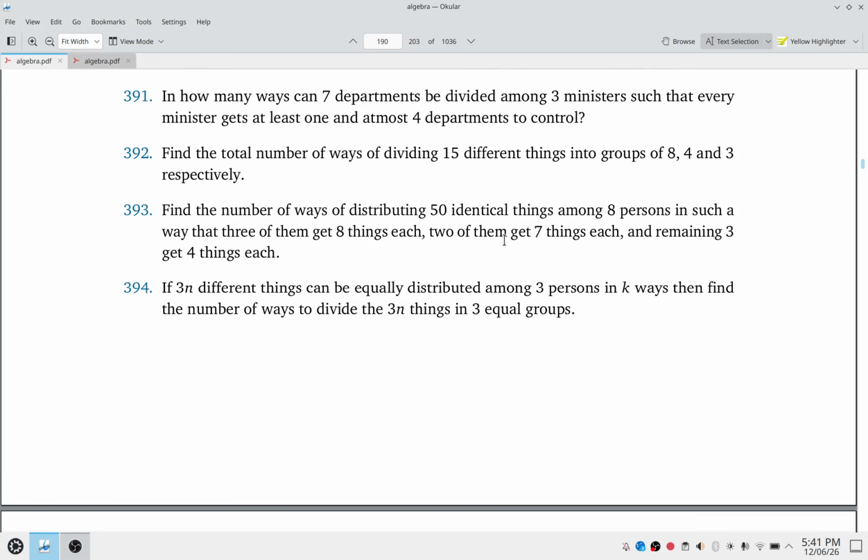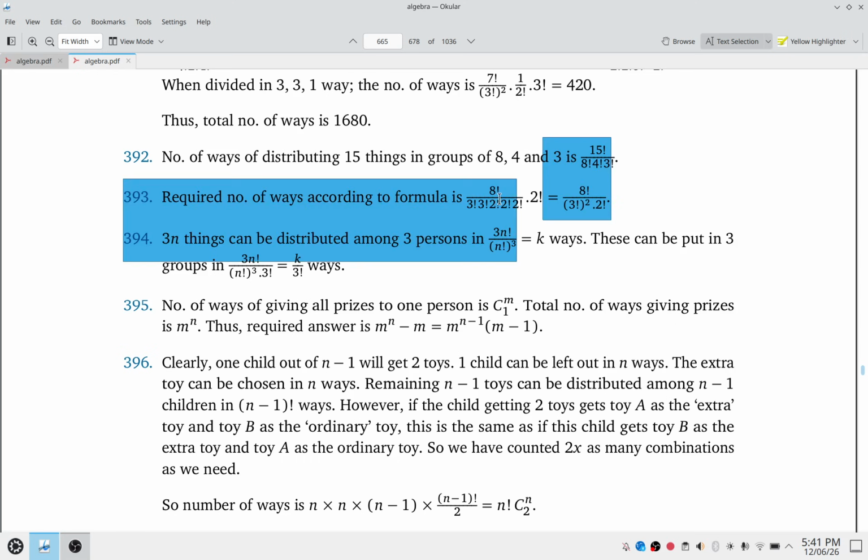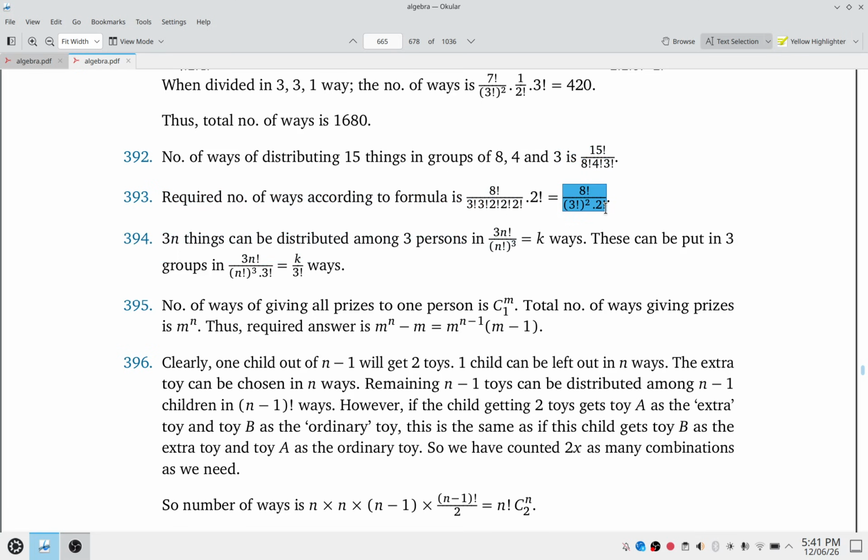3, 3 and 2. Okay. 3, 3 and 2, that is the distribution. Okay, so this is wrong. 3, 3 and 2, this is correct. Okay, 3, 3 is 3 factorial and 2 factorial will be here because that is one group. This is wrong. Okay, these two should not be there. 2 factorial should not be there, and 2 factorial should not be there.